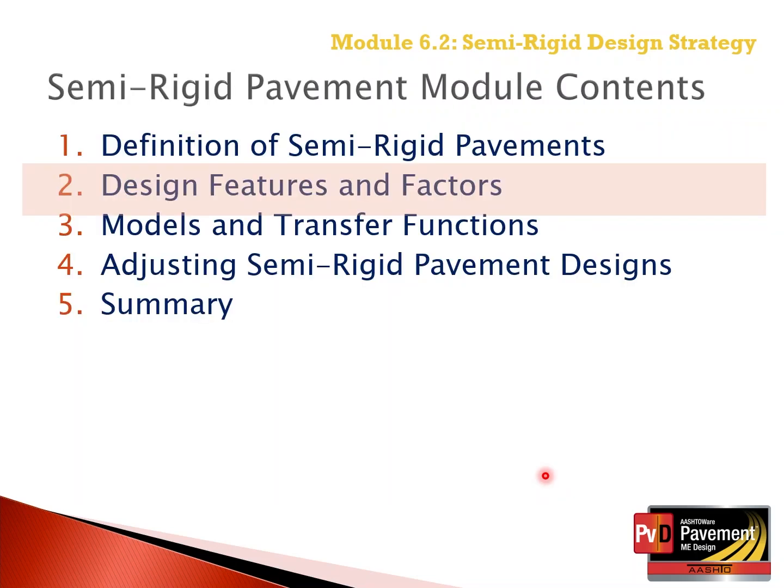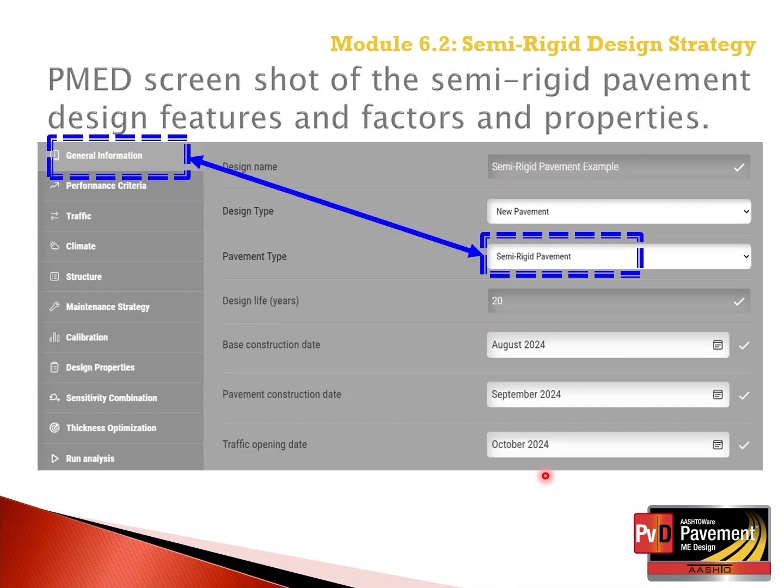So now let's move to the design features and factors since we have defined what a chemically stabilized layer is within a semi-rigid pavement design strategy of the MEPDG. This is a screenshot showing the folder and tabs for the semi-rigid pavements.